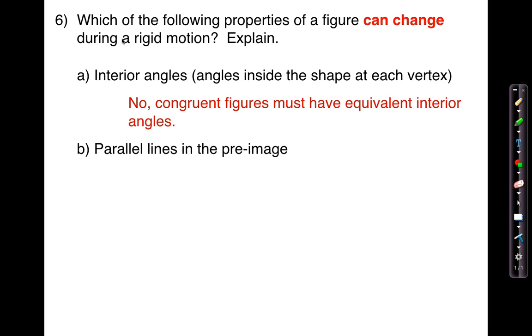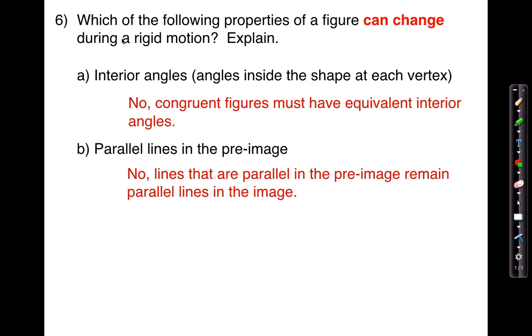Okay, what about part B? Parallel lines in the pre-image. Once again, with rigid motion, the shapes will remain congruent, which means whatever was parallel in the very beginning, even after we do the transformation, it's going to remain parallel. So again, it's not going to change.